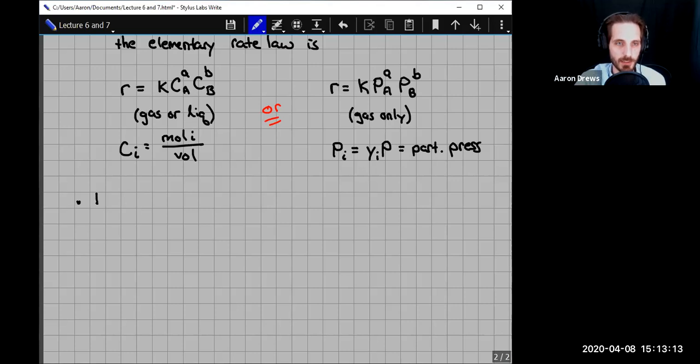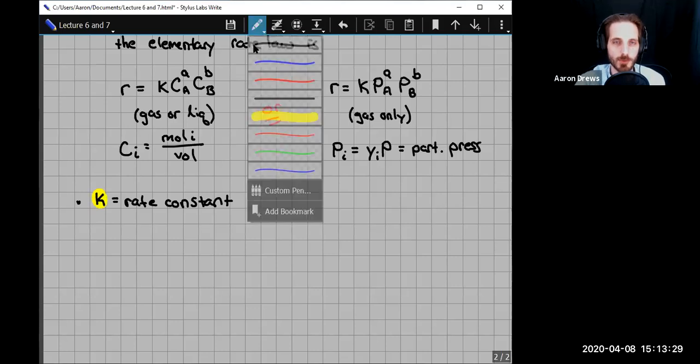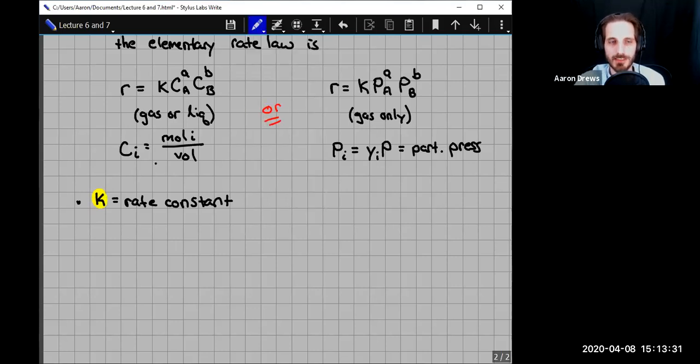The k that's written here is called a rate constant. And so the rate constant is immediately difficult to figure out which one you are talking about because it looks really similar to the equilibrium constant. Believe it or not, I'm trying to write that as a lowercase k.